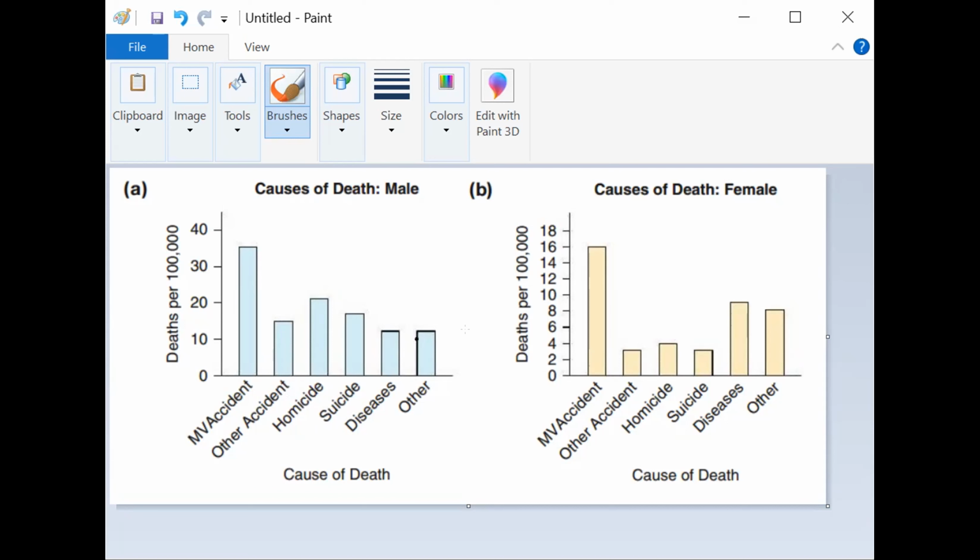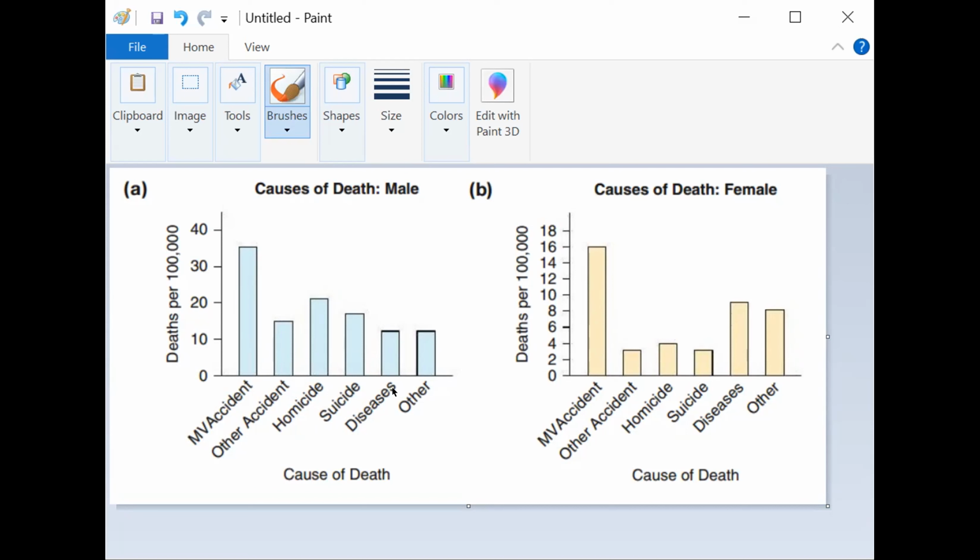And for the other two, diseases and other, they do somewhat offset because these two are a little bit taller than these two. But in terms of just variation, certainly there's more spread here than there is in this data set. For women, the data is kind of combined in motor vehicle accidents, diseases, and other, whereas men is more spread out over all 6 categories.